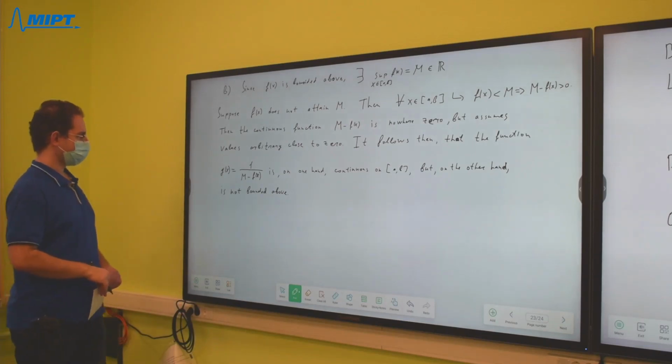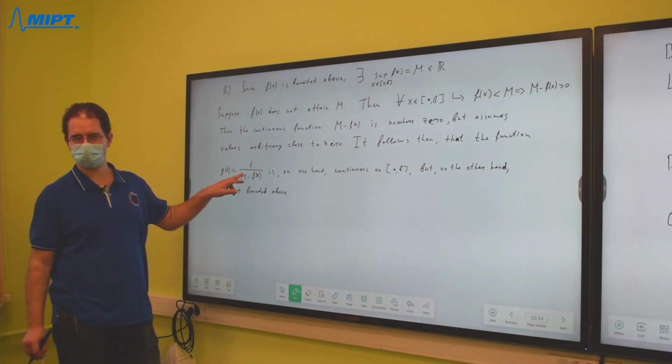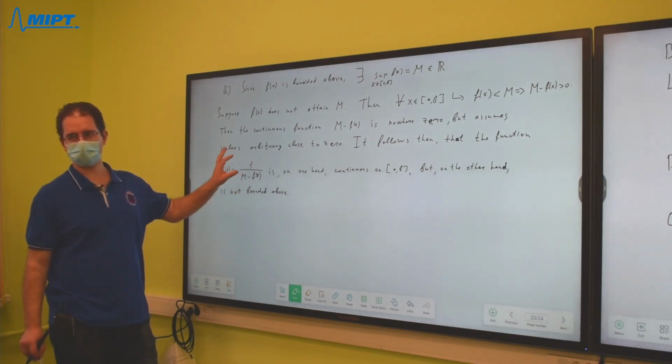So, this function, since the denominator does not turn to 0, is a well-defined function.